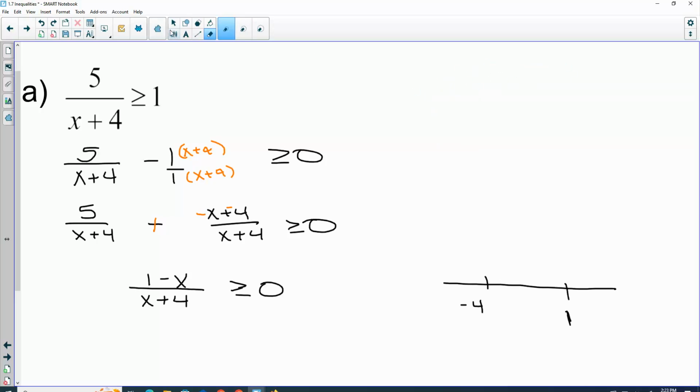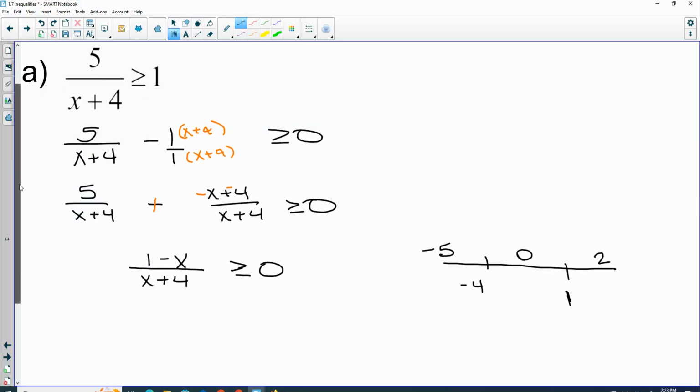Now we do our test points. So smaller than negative 4, in between them, and then bigger than 1. All right, I'm going to plug these in. So if I did 1 minus negative 5, is that positive or negative? Positive. Over negative 5 plus 4 is negative.